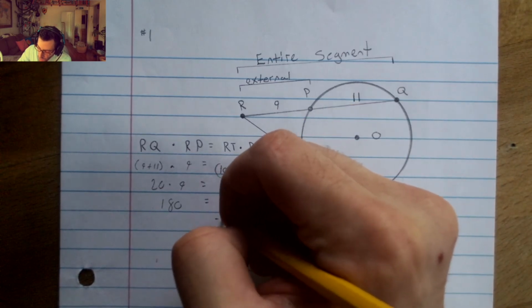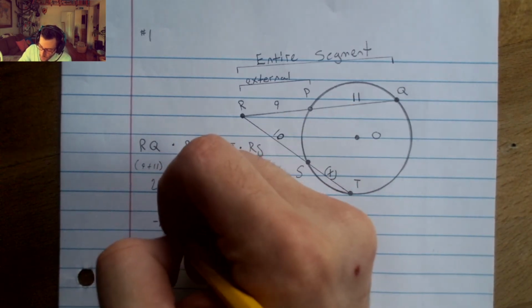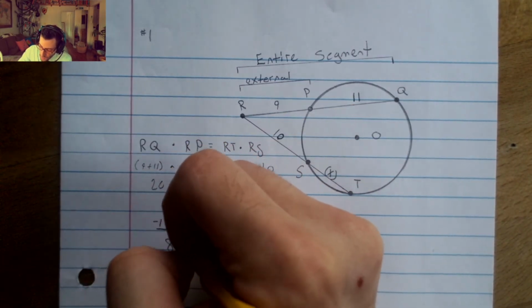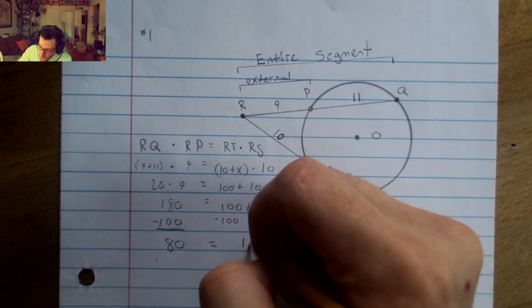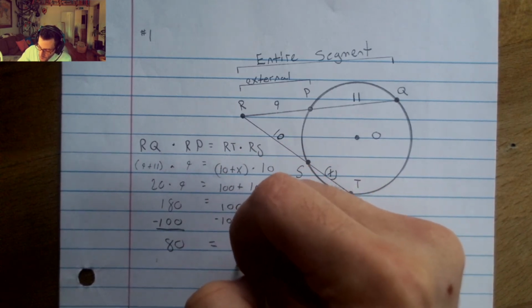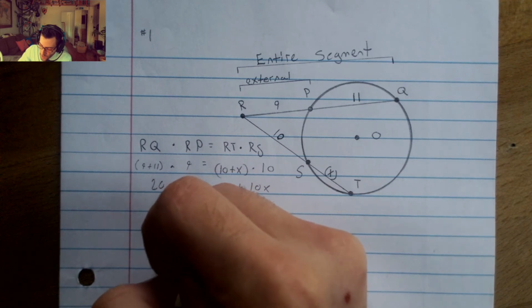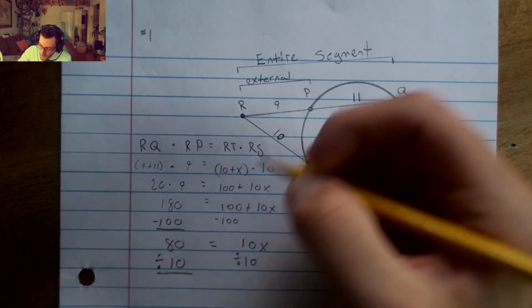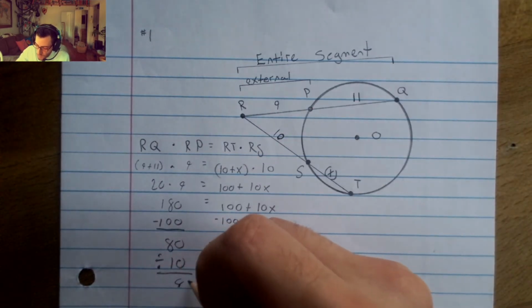We're now just going to go through it with algebra, break everything down here. We have 80 equal to our 10x value. And then finally, we have an x value of 8.